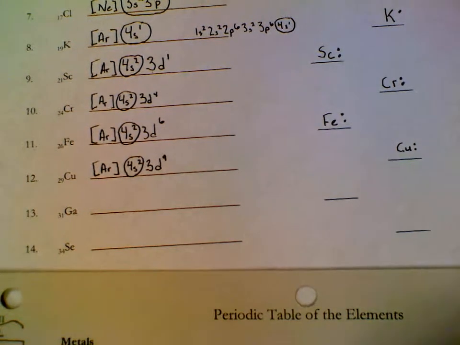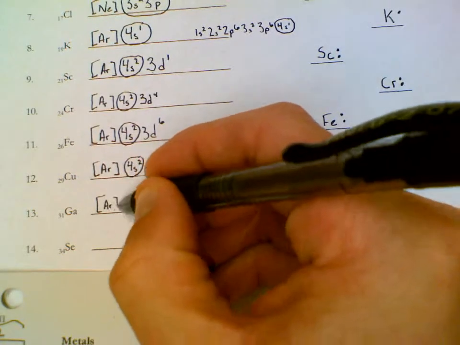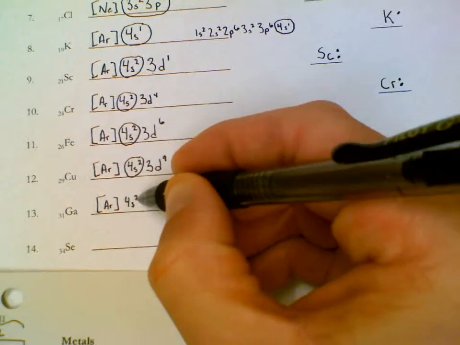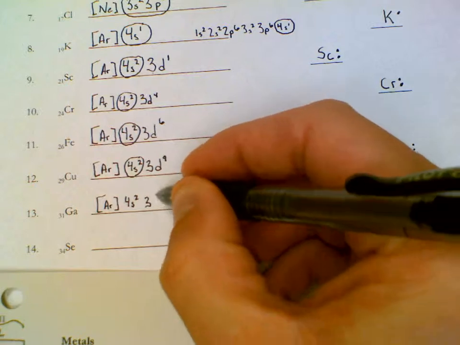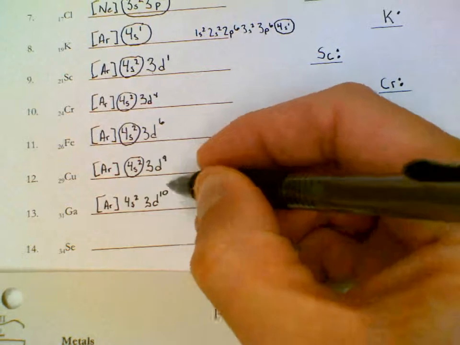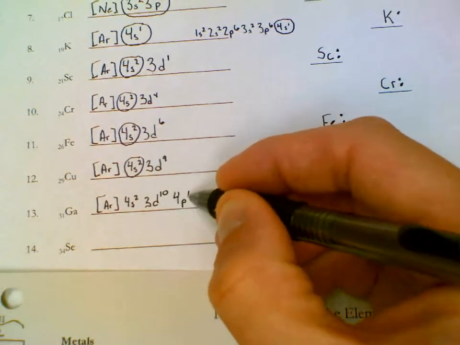Gallium is our next one. Gallium's noble gas would be argon, because we go up a row to the end, we'd find argon. 4s2. It's calcium square, go one spot further, so scandium, all the way across that until you get to zinc, 3d10. Finally, 4p1.